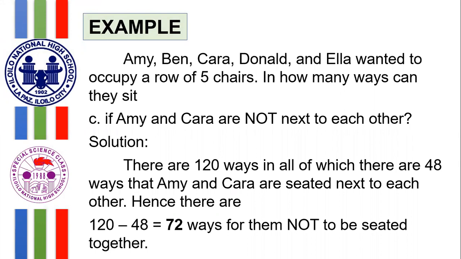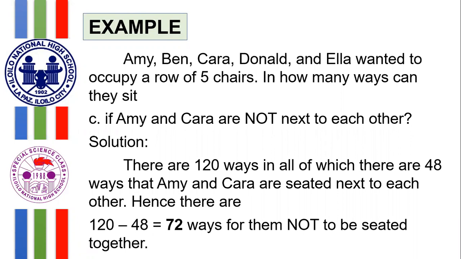So you see, it's simple. 120 in all, 48 ways for them to be together. Hence, their difference, which is 72, is the number of ways that they are not seated together. If you wish to try out with your friends, you could actually verify all 72 of them. All right. I hope you got the solution.